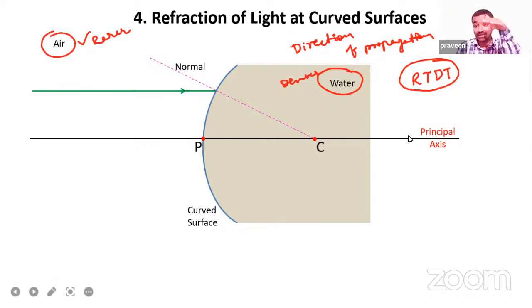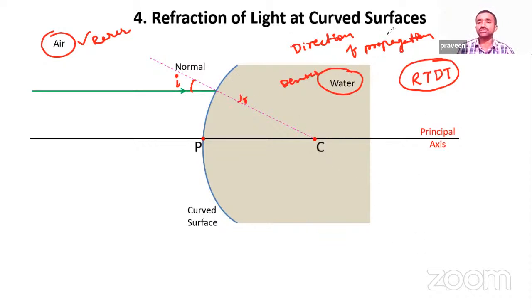The angle will decrease because it is towards the normal. The angle of refraction is smaller than the angle of incidence. So here you will notice an angle. Take it as the angle of incidence. Just less than this one, you can take the angle of refraction.